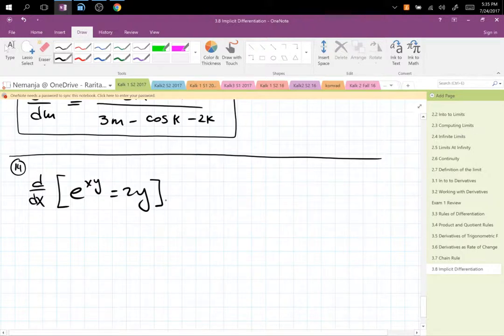What would I do with the x and y? It's a chain rule, right? I'm not sure if all of you see that the e to the xy term is a chain within a product within a chain, right? Yeah, tricky there.